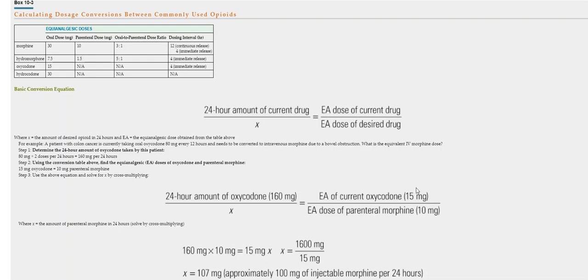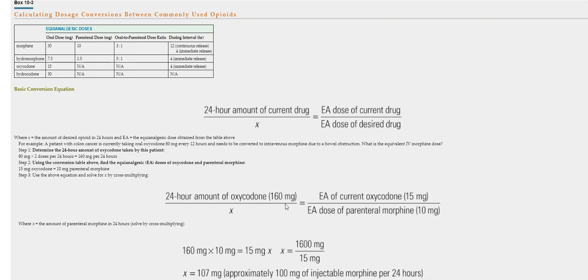So the equation is set up: EA dose of the current drug, oxycodone, over the EA dose of the desired drug, parenteral morphine, equals the total 24-hour amount of oxycodone, 160 milligrams. Then you cross multiply and divide the way we do with any ratio and proportion.